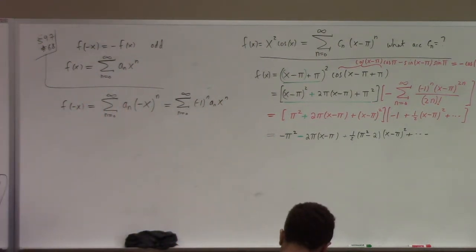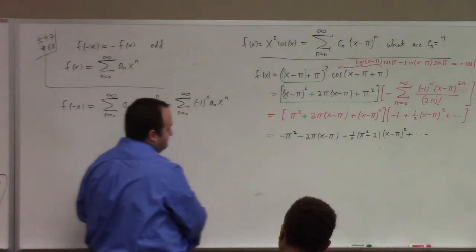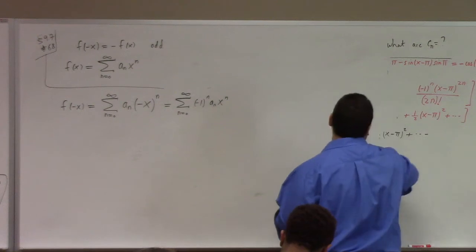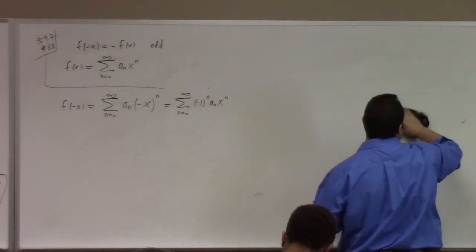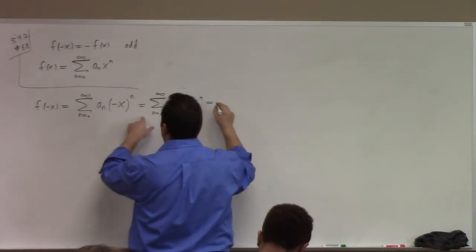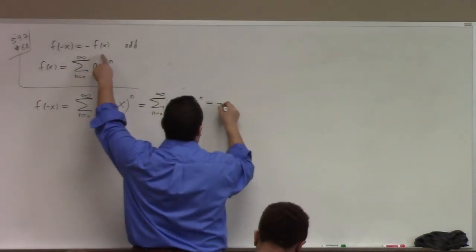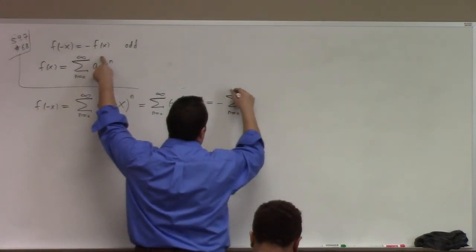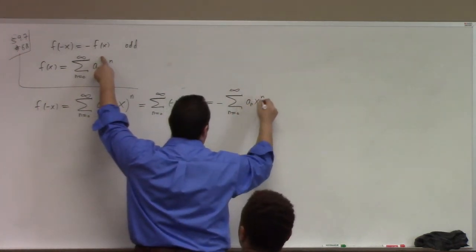Now what's that equal to? It's equal to minus f of x, right? Which is minus the sum n equals 0 to infinity of a sub n x to the n.